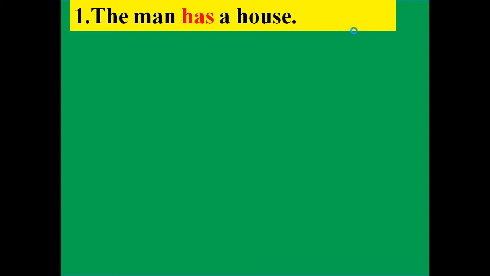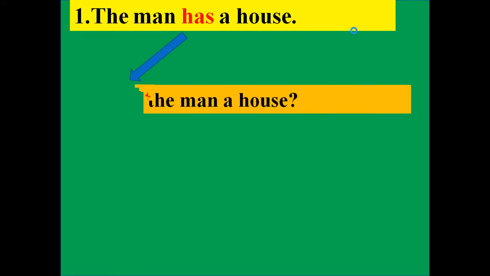So, dear students, here is has, and we can write has at first of the sentence with not. So, the negative sentence is, hasn't the man a house?